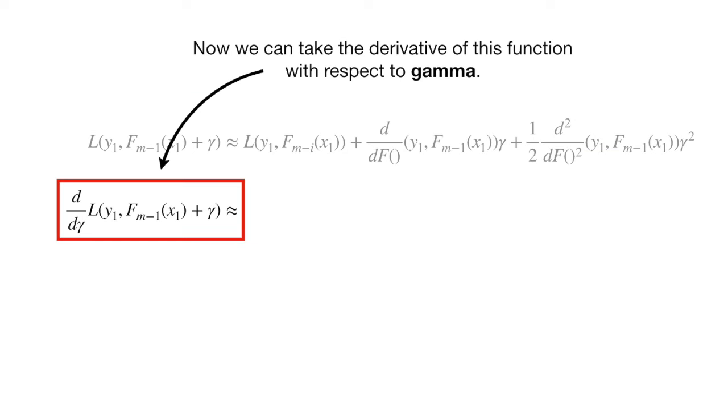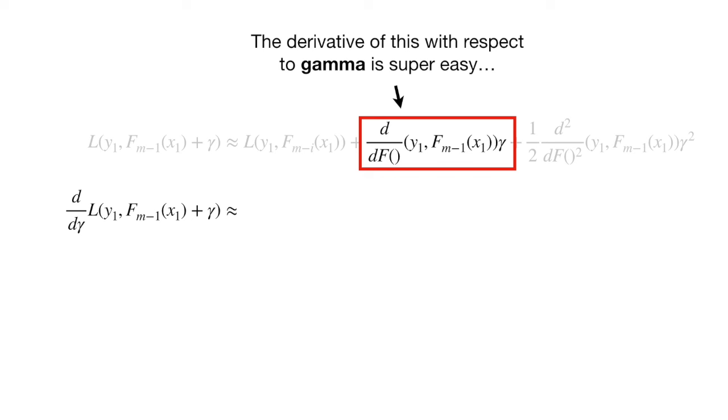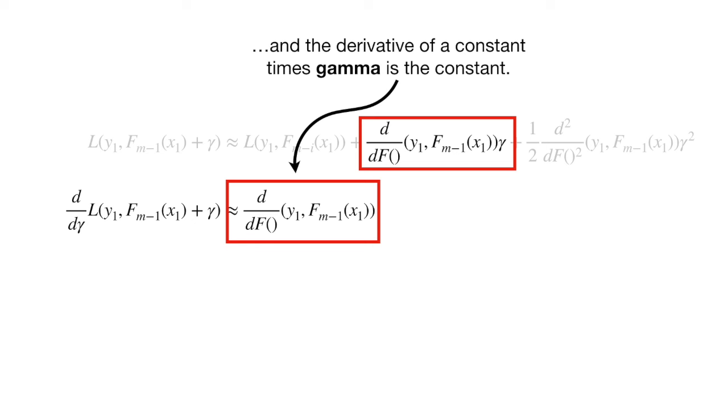Now we can take the derivative of this function with respect to gamma. Since gamma is not part of this term, the derivative with respect to gamma is 0, so we can omit it. The derivative of this with respect to gamma is super easy. We can treat this, the derivative of the loss function with respect to the predicted log odds, as a constant. And the derivative of a constant times gamma is the constant.